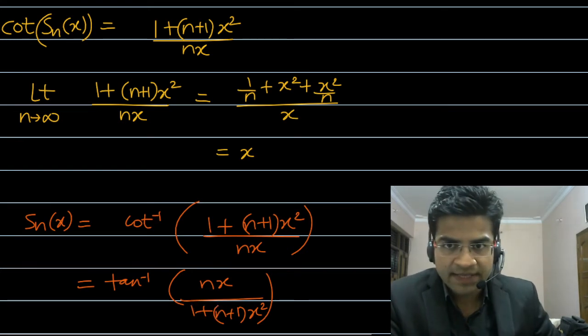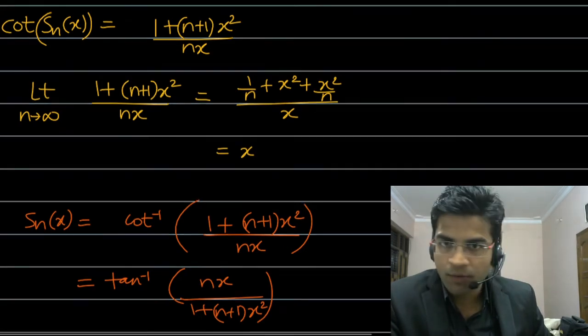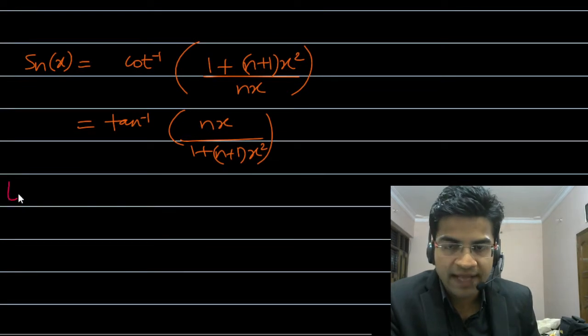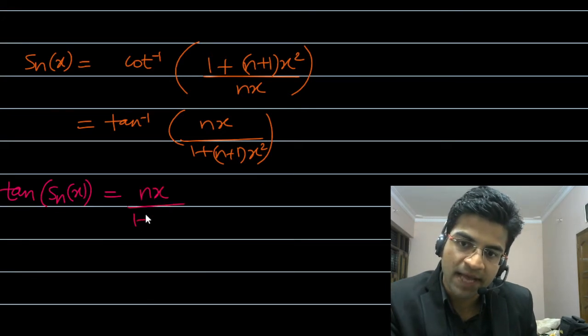Just use tan S_n(x). Now operate tan on both the sides. So tan S_n(x) will be equal to nx by (1 + (n+1)x²).